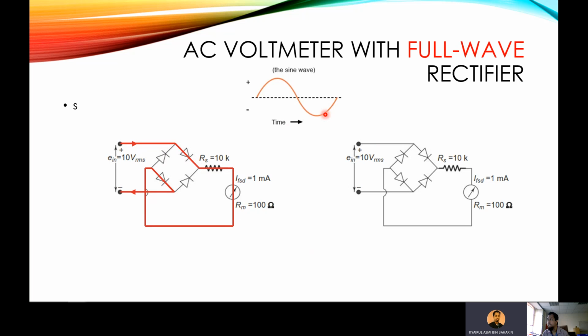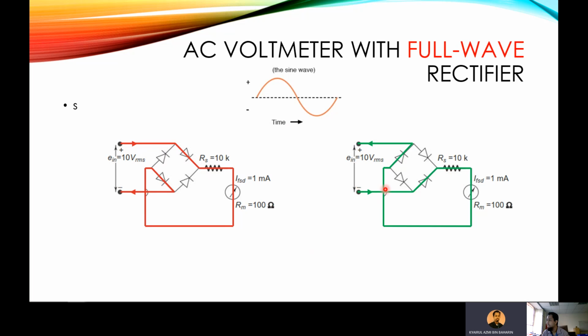During the negative cycle, it's going to be reversed. Now the negative is turned into positive, and positive is turned into negative, so the flow of the current is going to be reversed. We are going to see this configuration.